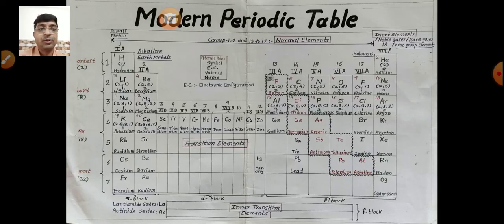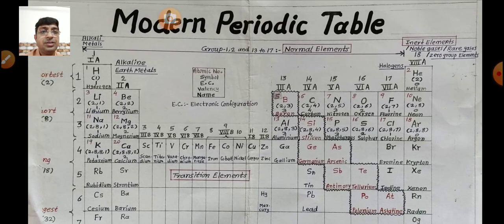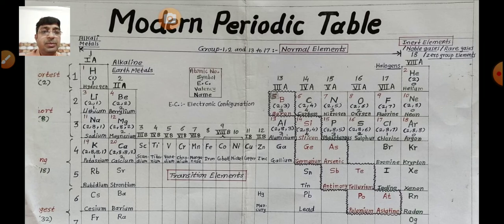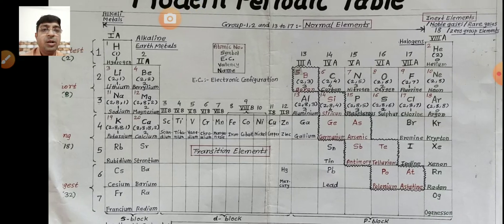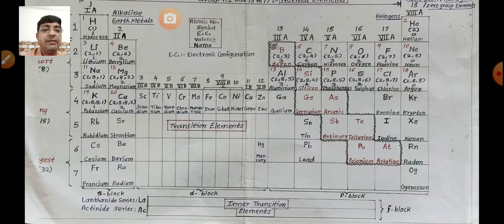See the structure of this periodic table. All basic information is given in this modern periodic table. 1 to 18 columns. On the left hand side, 1 to 7 horizontal rows called periods. At the bottom, 2 separate series are shown, lanthanide and actinide series, and different types of elements are also given in the boxes.